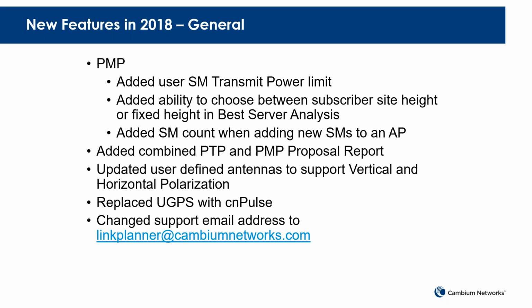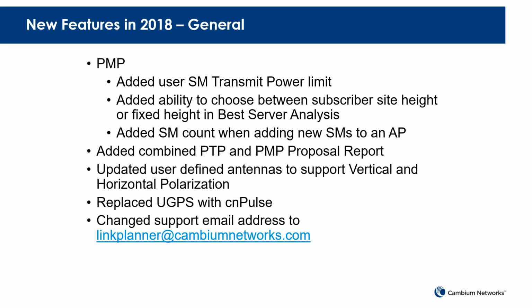We also added a new proposal report, and what it does is combine the point-to-point and point-to-multipoint proposals together in one single file. We added user-defined antennas to support vertical and horizontal polarization.